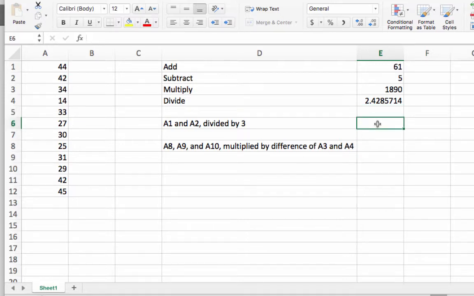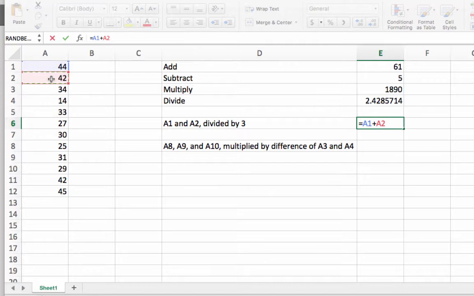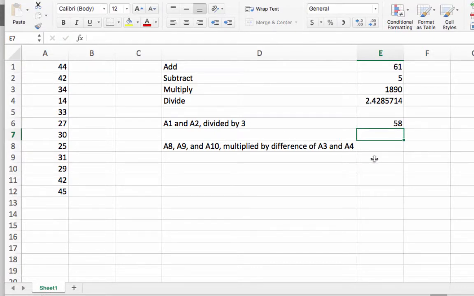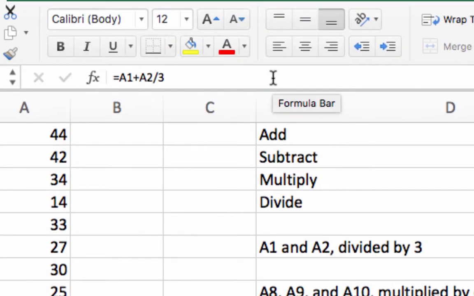Now, if I say equals A1 plus A2 divided by 3, I get 58. But I want you to see what's going on here. If you remember your order of operations from a long time back, you do multiplication and division before you do addition and subtraction.